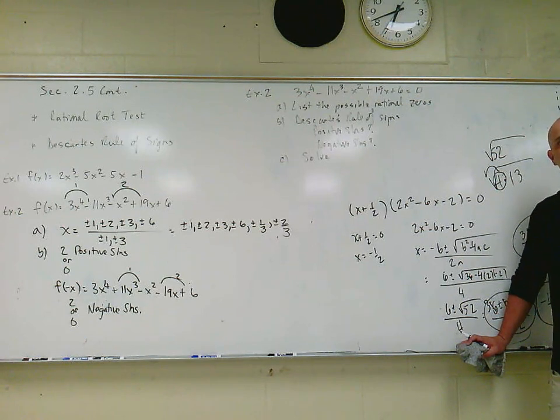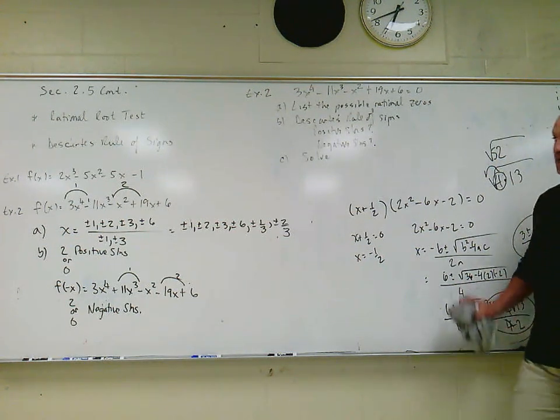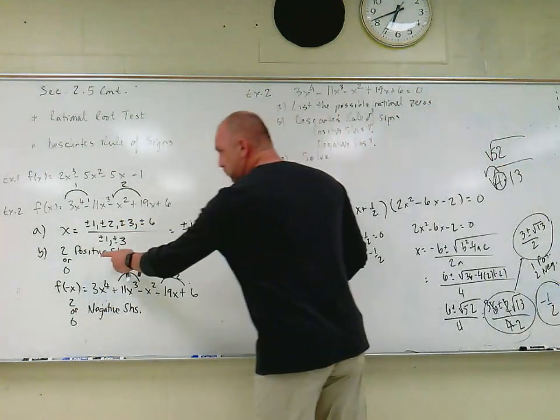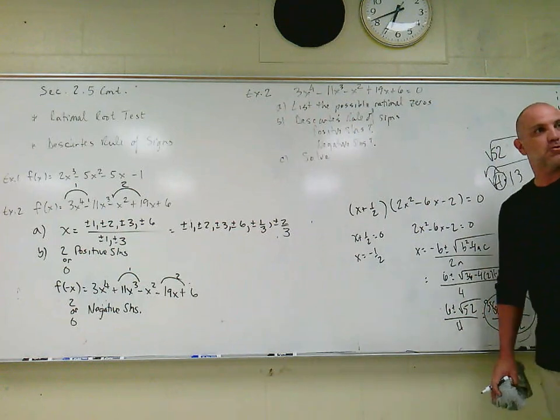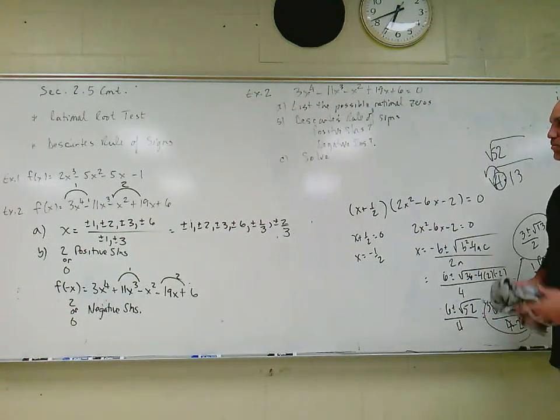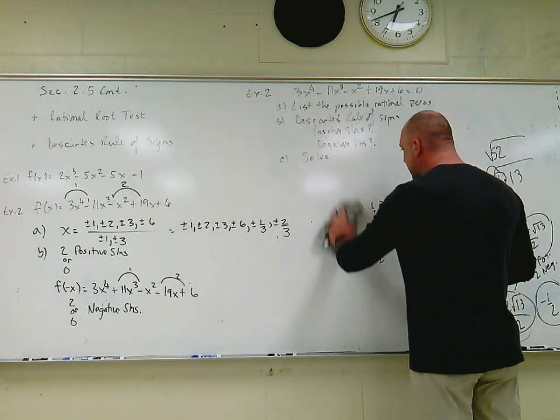Yes, how? Do you think you're going to have imaginary? I don't think so. I think you're going to have 2 positive and 2 negative, which adds up to how many? 4. So when you're testing, be looking for 2 positive solutions and 2 negative solutions. So you're going to try both. Okay? All right.